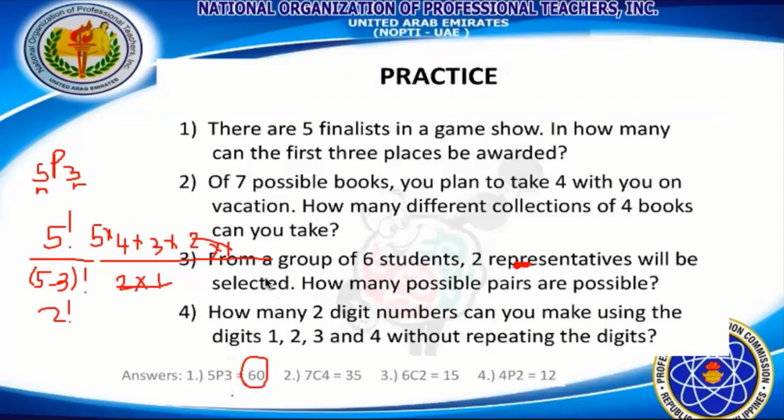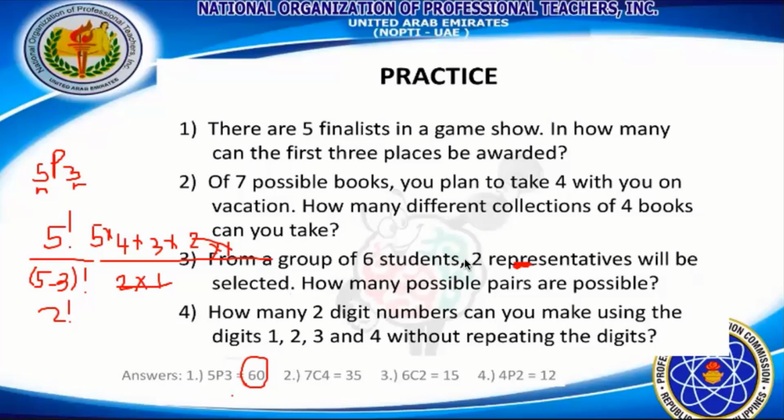Let's say number 3. From a group of 6 students, 2 representatives will be selected. How many possible pairs are possible? From a group of 6 students daw, 2 representatives ang pipiliin. How many possible pairs ang posible?